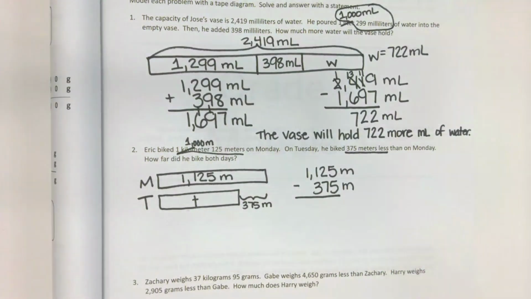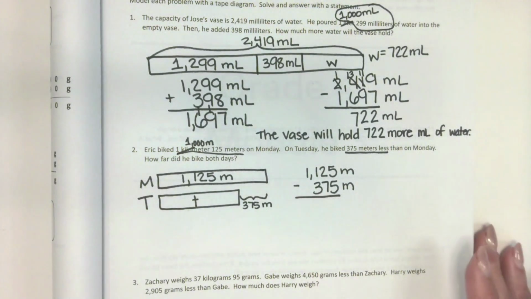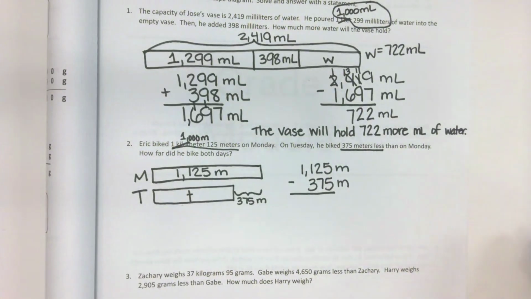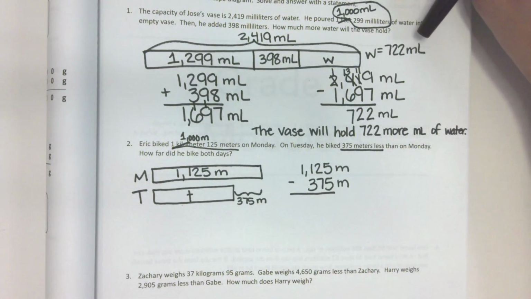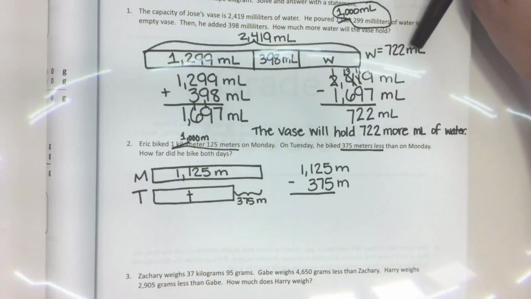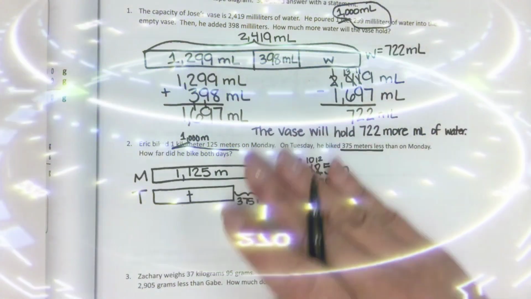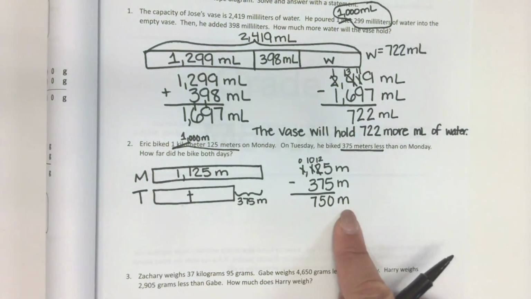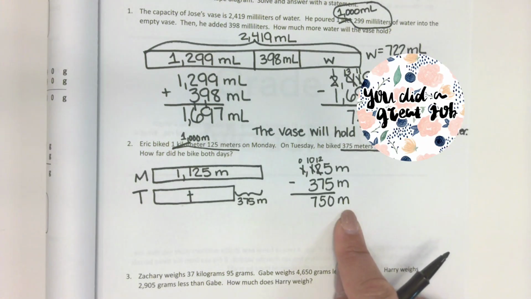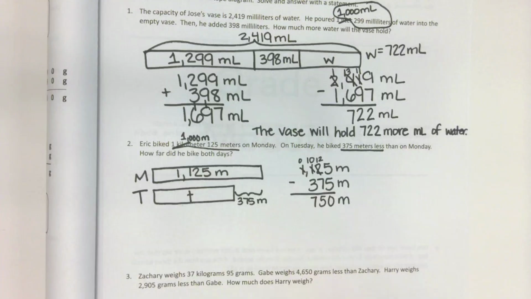I want you to check to see if it's ready to subtract and then do all your subtracting. Pause the video, do your subtracting, and then press play when you're ready to check your work. Did you get 750 meters? If you did, good job. Now we still have to finish the problem. That's not the end.